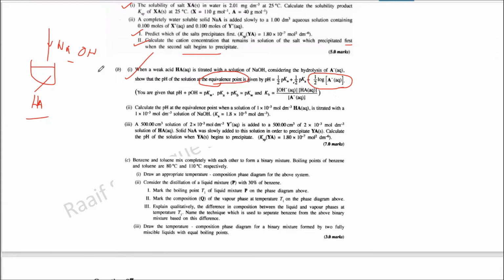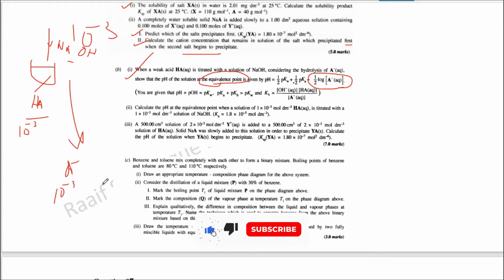So at the equivalence point, you are reacting 10 to the power minus 3 of this one and 10 to the power minus 3 of this one. So finally, what should be the concentration of A minus that is formed? It should be 1 into 10 to the power minus 3. Okay, so you know the concentration of A minus.